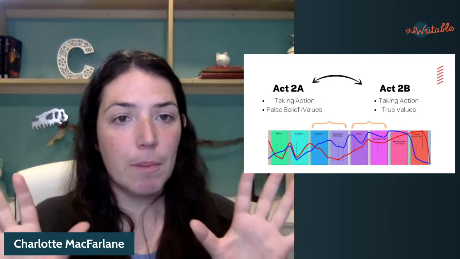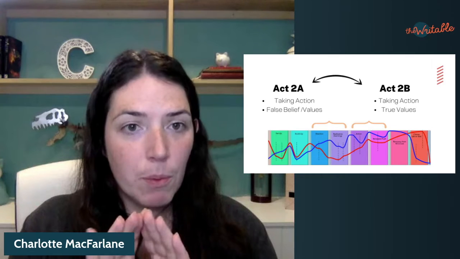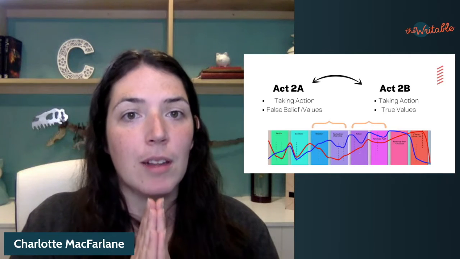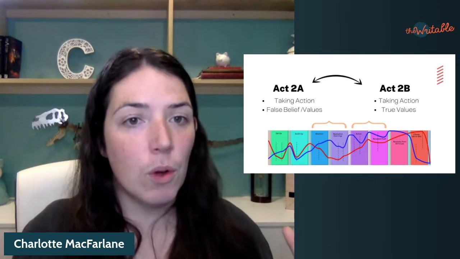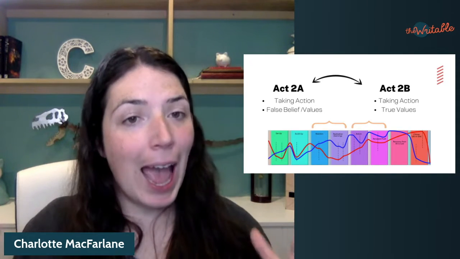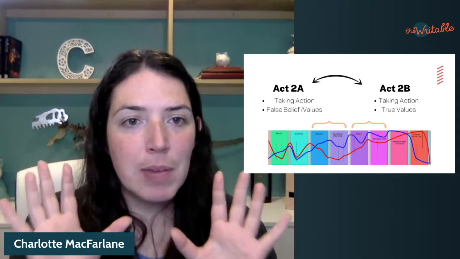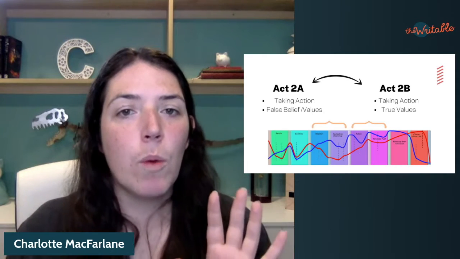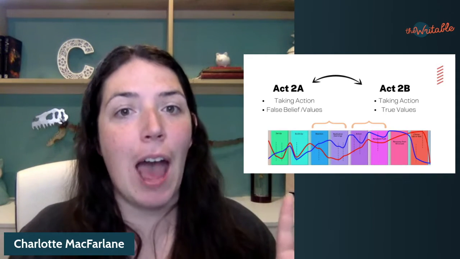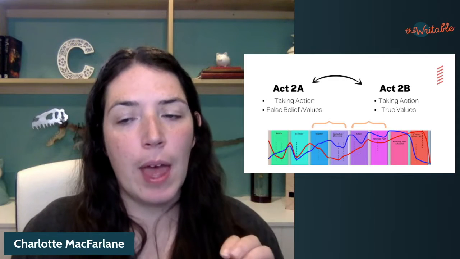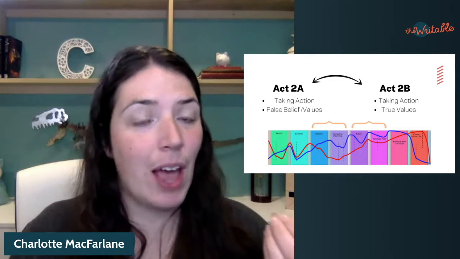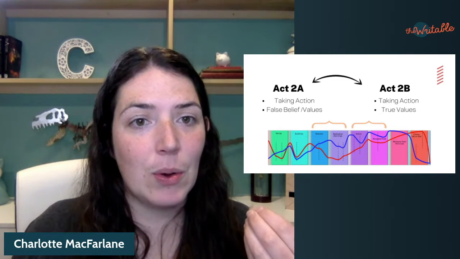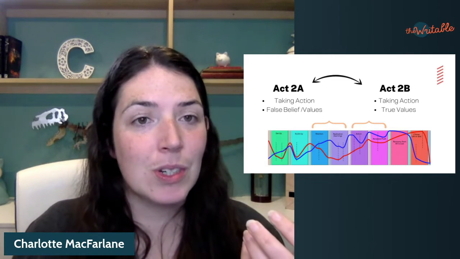And when we're talking about the midpoint, of course, the midpoint is right in the middle of Act 2. Act 2 as a whole is characterized by taking action. But we see this mirror effect coming in where Act 2A, the first half of it, is all about them following their false belief, following the false values that they think they need to embrace in order to succeed.